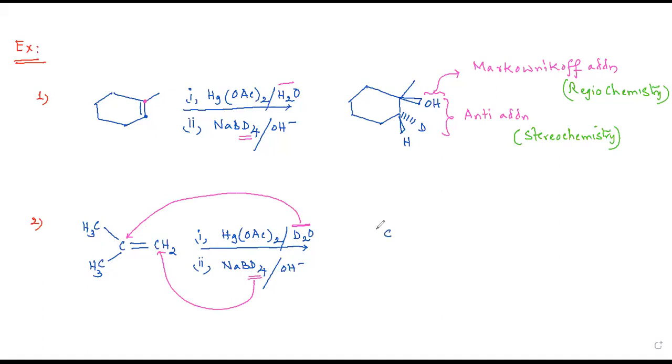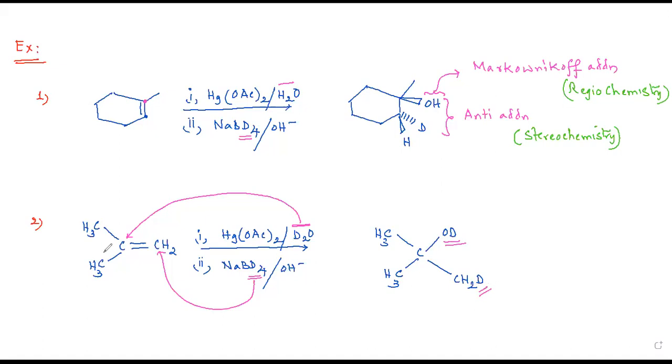Come on. CH3, C, then CH3. So to this C we have added OD, and to the CH2, D is added. So this is from D2O, and this D is from sodium borodeuteride.